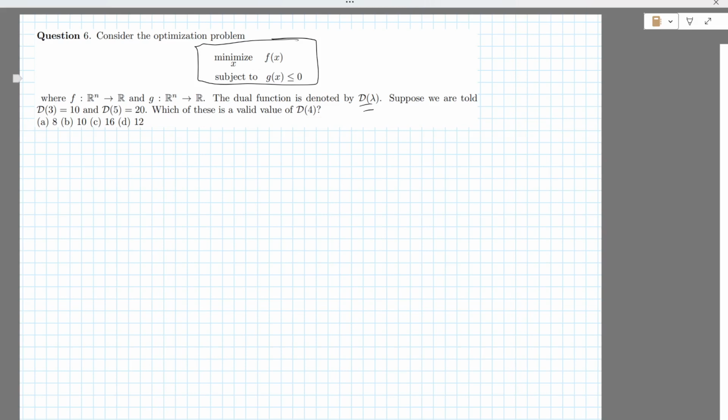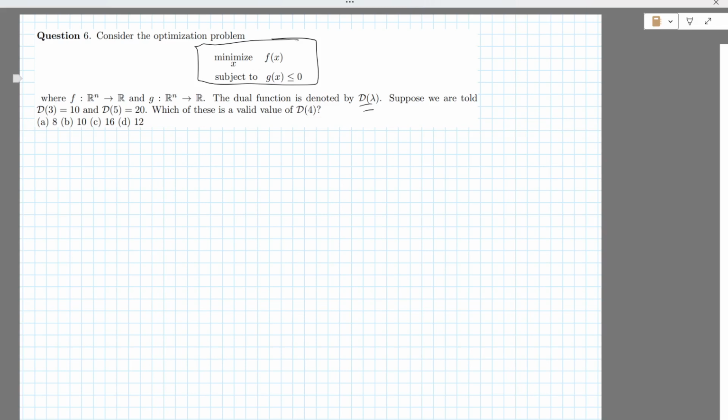Okay, so we don't have any information about what kind of functions f and g are.